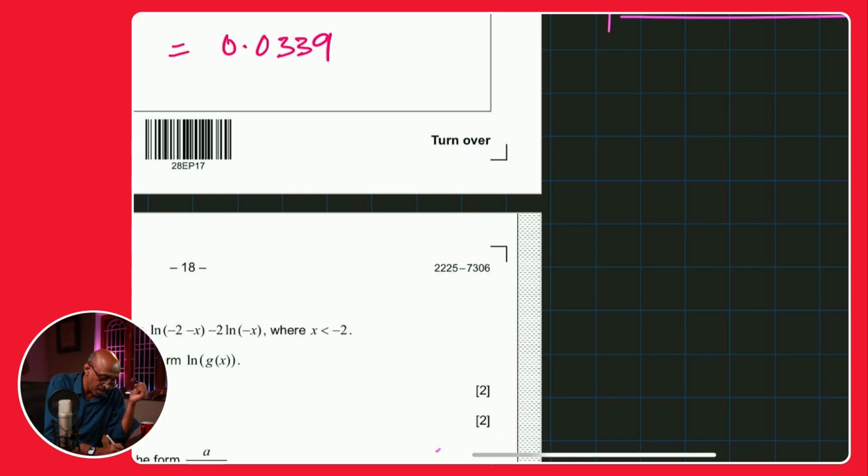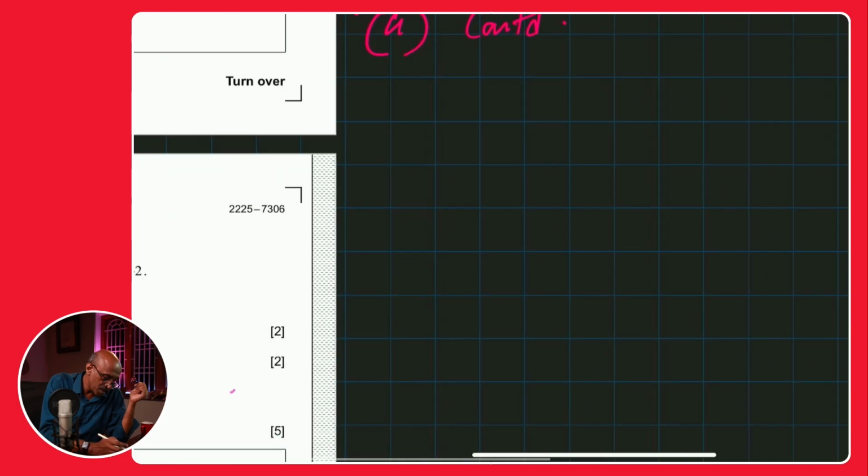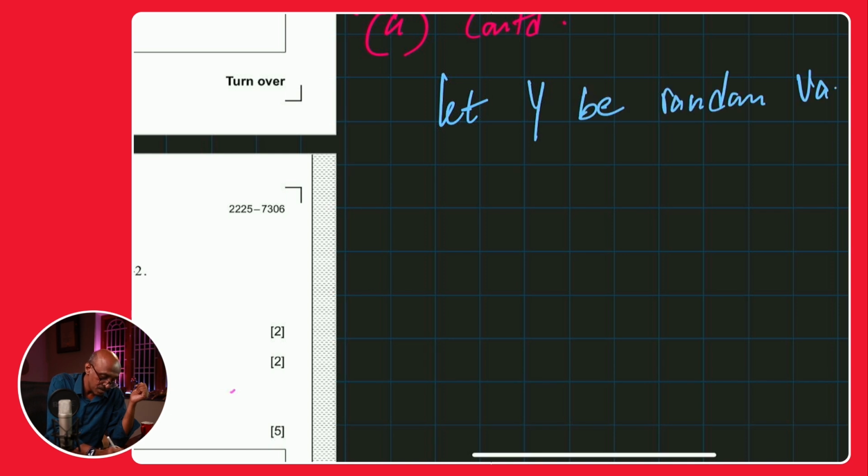So this is still part A, and I will say continued. Okay, continued, and this is question number 9. Continued. So what are we doing? We'll now introduce a new variable and say let y be the random variable. Is this clear on the screen?